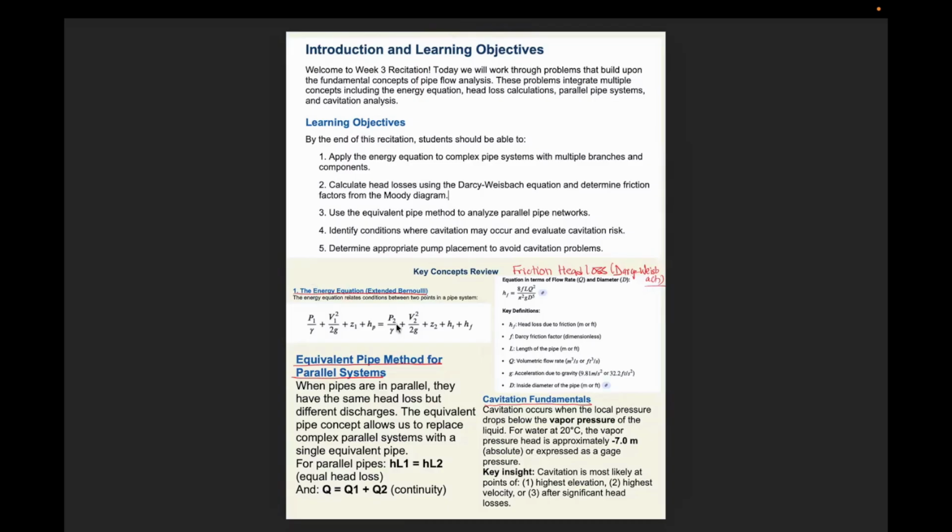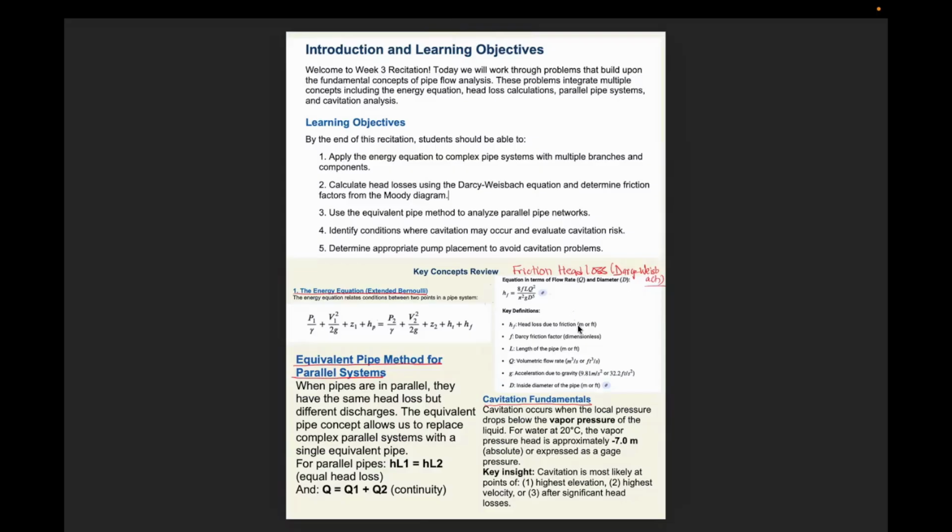I think up to now all of you know about this energy equation, and the second one is the Darcy-Weisbach equation that helps us to calculate the frictional head loss. So this is the formula in terms of flow rate and diameter, which will be used in later numericals.